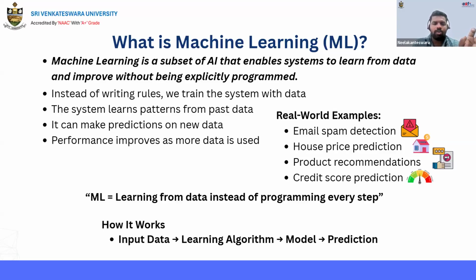How it works: we give the input data, it learns from the data, and it makes predictions, that is, the output. You give some data to the machine learning algorithm, and the algorithm learns from that data. If you ask any questions about those things, it will answer, make predictions, and take decisions also.